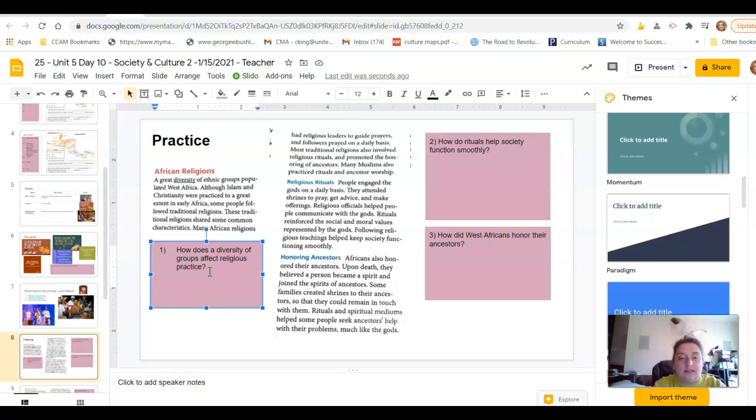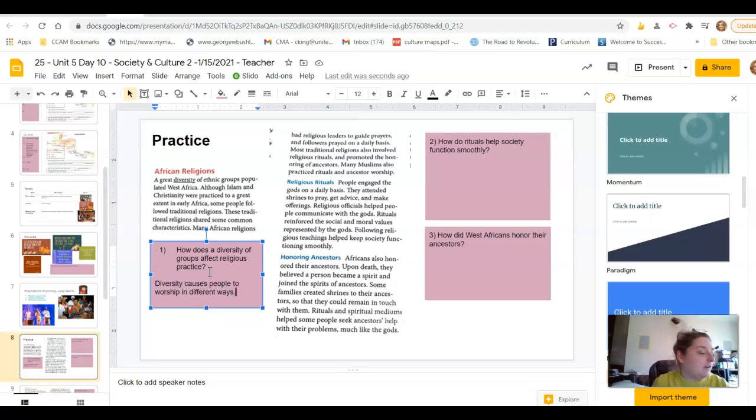But what this does is, diversity causes people to worship in different ways. Think about diversity of groups. In one street, you could have a Christian living next to someone who is Jewish, living next to someone who is Muslim. You just have a diversity of religions on that particular street, and these people are all going to practice a little bit differently.